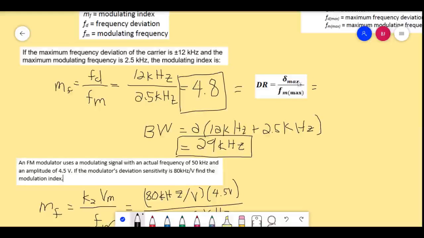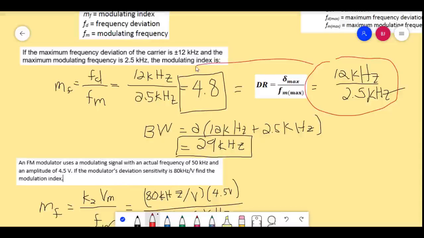Let's try. Remember that the frequency deviation is 12 kilohertz divided by the maximum modulating frequency, which is 2.5, which is basically the same one here.